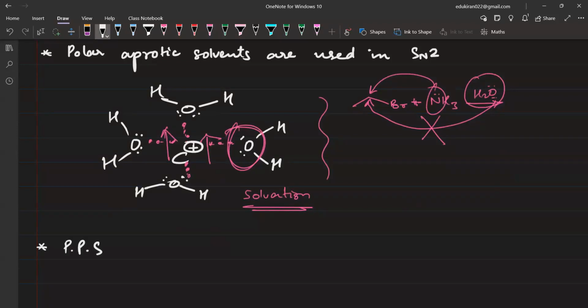Polar protic solvent increases the rate of SN1 by stabilizing the carbocation.